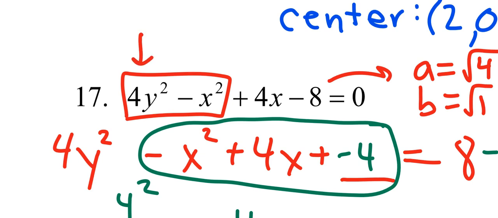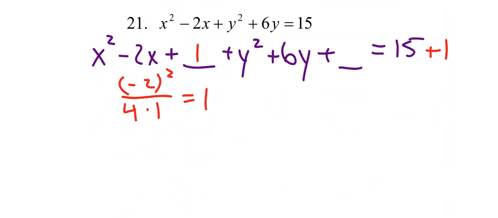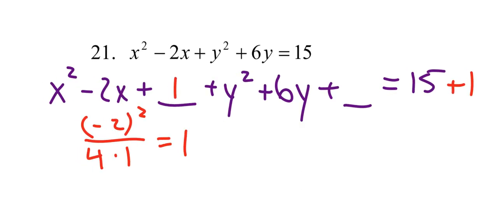My question to everybody was, if you don't see a linear y or a linear x, what does that mean? It means that that particular variable is already perfect and doesn't need to be completed. So when we go down to number 21, you can see there is a linear x and a linear y, so both of them will have to be completed.